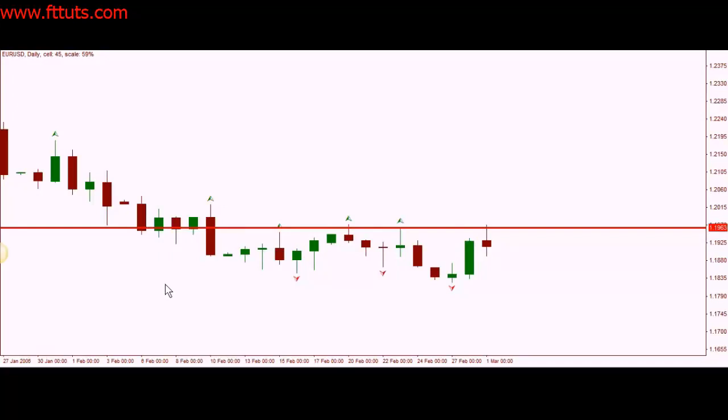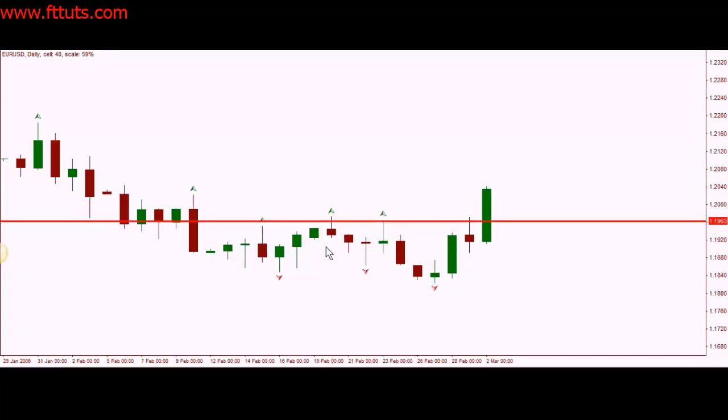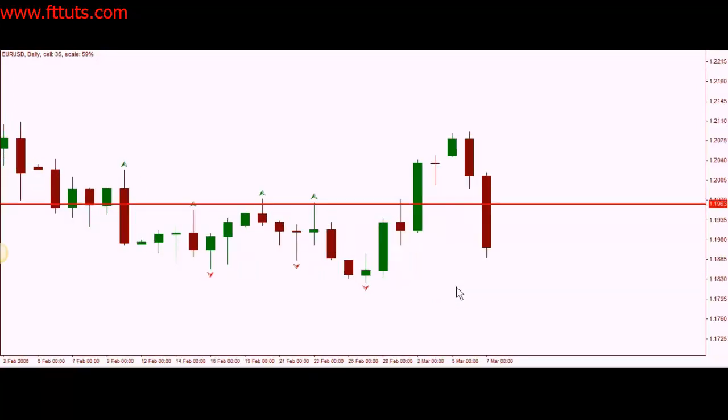All right, looking at this pattern, I just wanted to show you, I'm looking at my support and resistance levels here. You can see this was support here, and then all through here it was resistance. So we're going to follow the market, see what the market does, and we broke through this level. Then we came right back through this level. Looked strong.